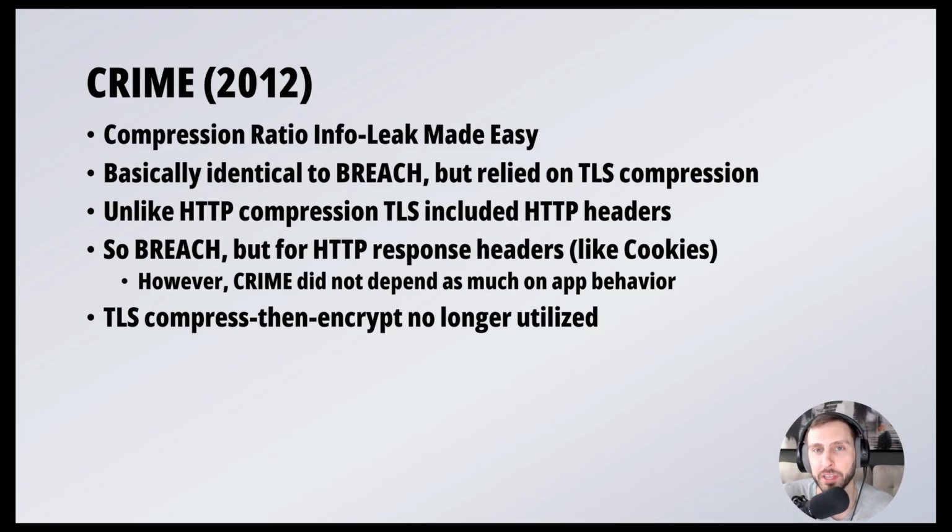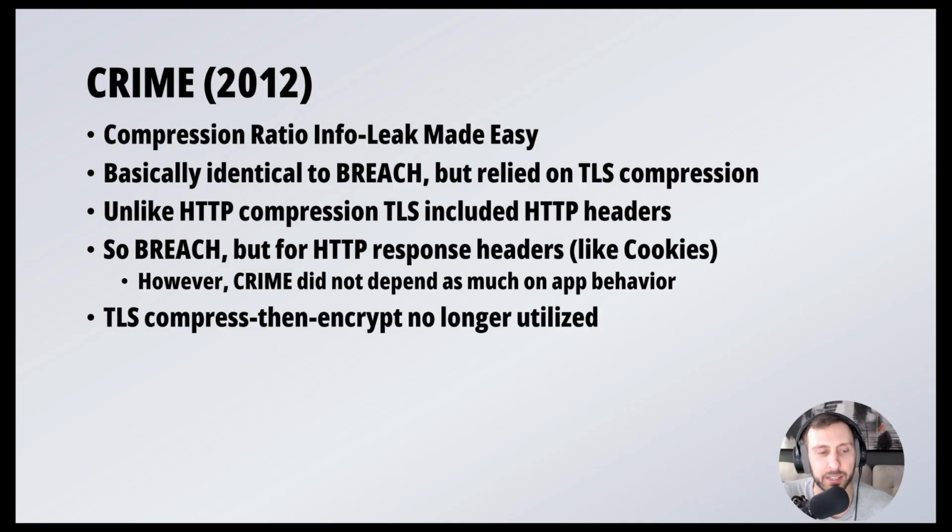So with HTTP compression, it is dealing with the HTTP bodies. With TLS compression, it includes everything that's included in that TLS connection. So that means it also included headers, and therefore it would have included headers like cookie headers. And so the scope of applications and situations where this vulnerability could have been exploited were much wider than for the breach vulnerability.